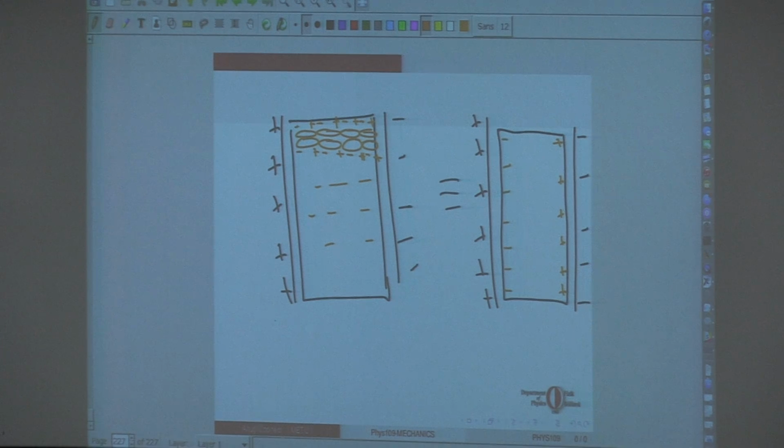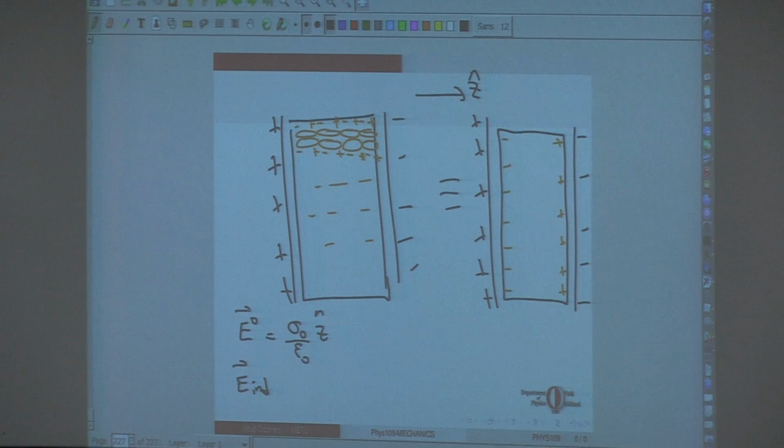So let's look at the inside. Now we have this original electric field. Let's say this is our z-axis. The original electric field was sigma 0 divided by epsilon 0 in the z direction. Now we have a second electric field created by these induced charges, by these negative and positive charges in the insulator.